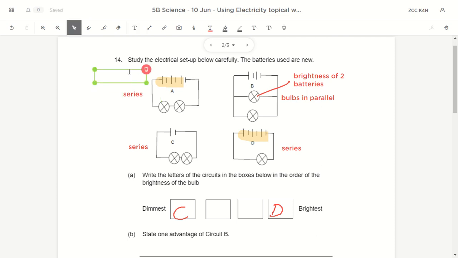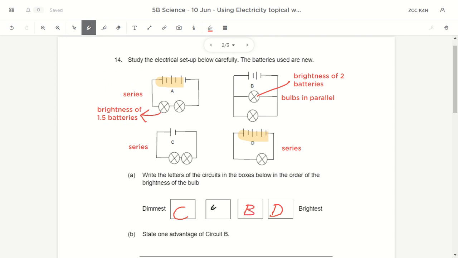Here you only have the brightness of 1.5 batteries in a sense. Because you know that the more bulbs you add in series, the less bright it becomes. So in that case, we know that B must be brighter and A must be less bright, because one is the brightness of 1.5, this is the brightness of 2 batteries.